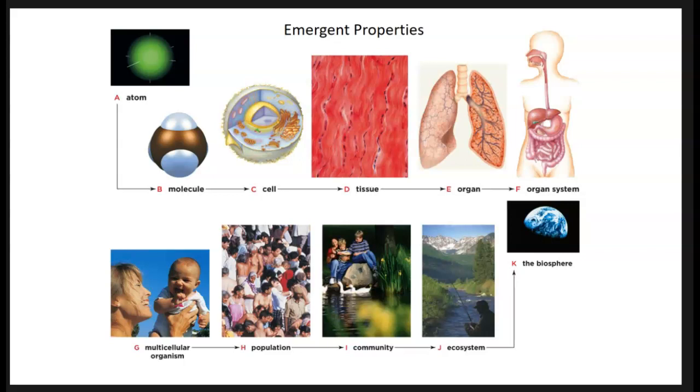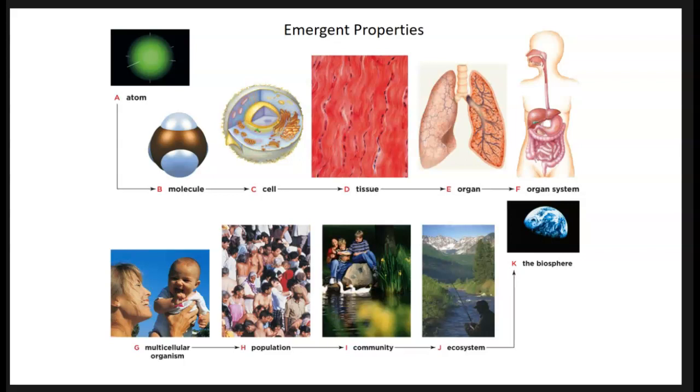The molecules then form incredibly complex structures called cells that then form tissues and organ systems that come together to make all of the interesting multicellular organisms like people and other life on the planet. People and other organisms form into populations and then into communities that have culture and unique behaviors.